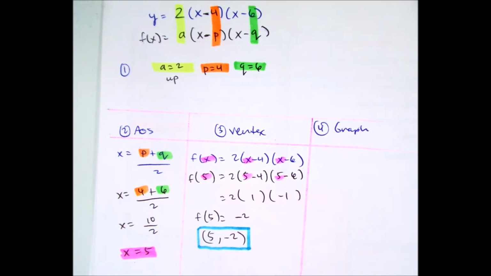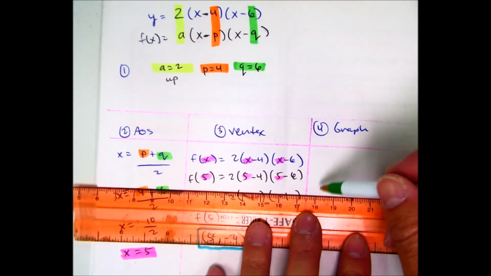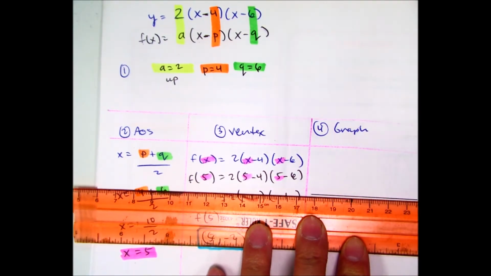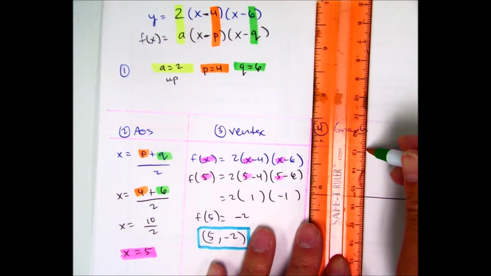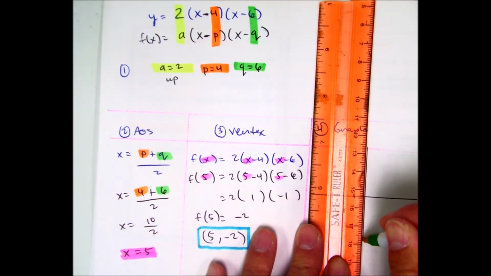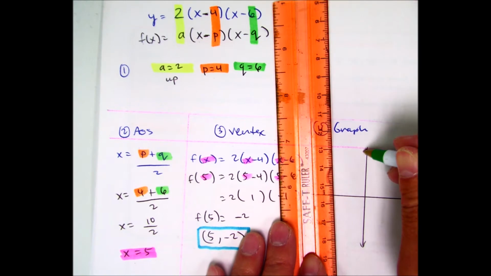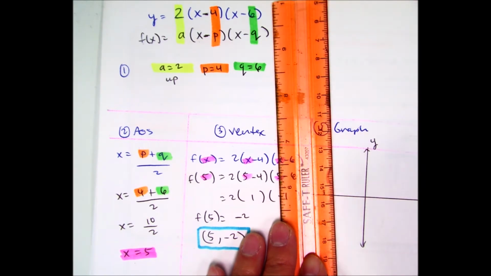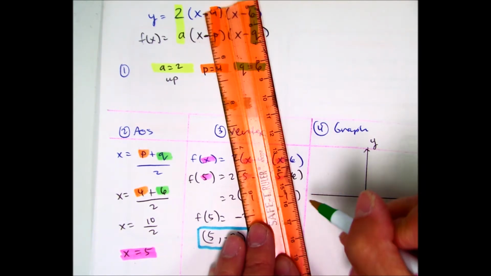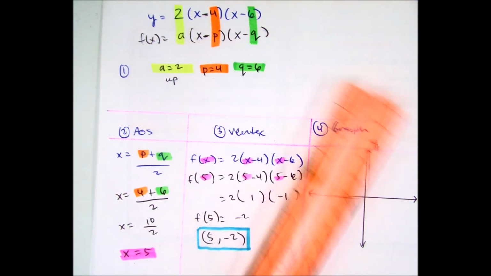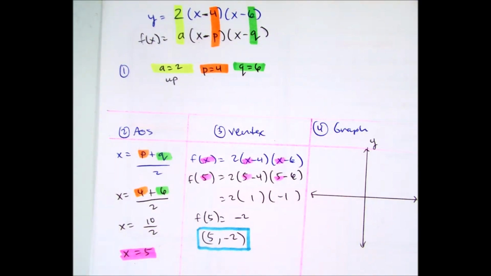Alright, so all I have to do now is graph it. We've been practicing in class graphing without the coordinate plane. What I mean by without a coordinate plane is without tick marks. So this is your y-axis, and this is the x-axis. And I'm just going to go through these colors.